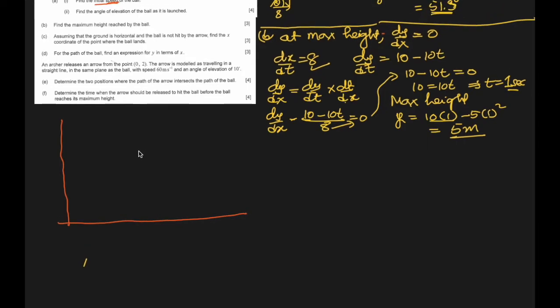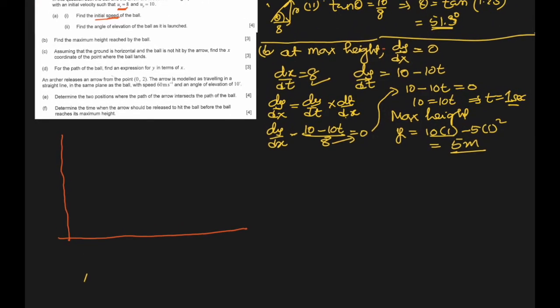This is what we have to point here. So we'll do it. So let's say that 5, 0 is here. It was launched from here and it landed here. This we already found that the height it reached was 5 meters. When did it reach? That we can find later, or we'll need it later.